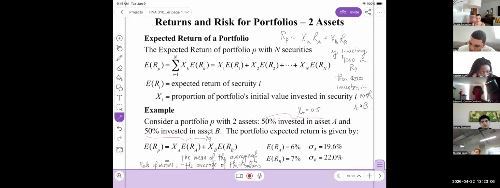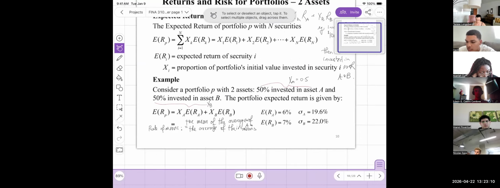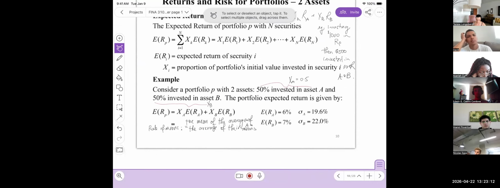Okay, so the mean of the average, and I'll do it down here. The E acts like an operator. It's called an operator.